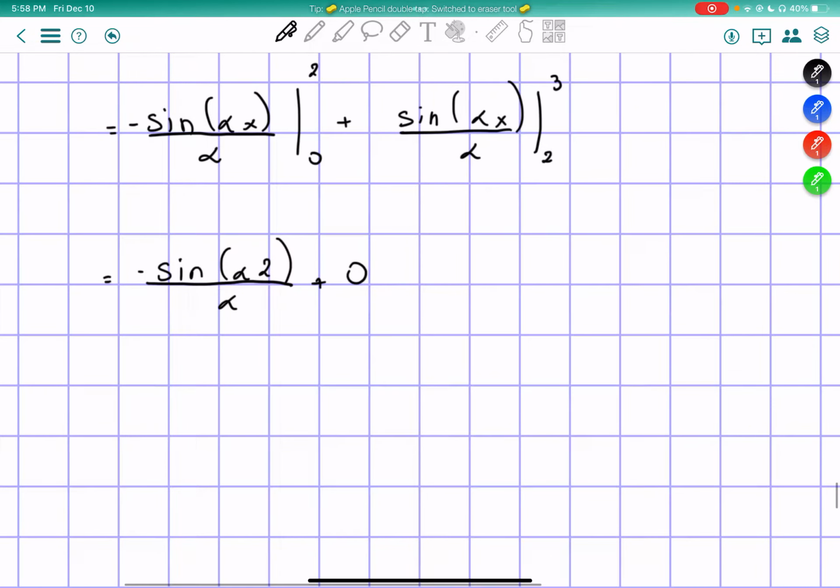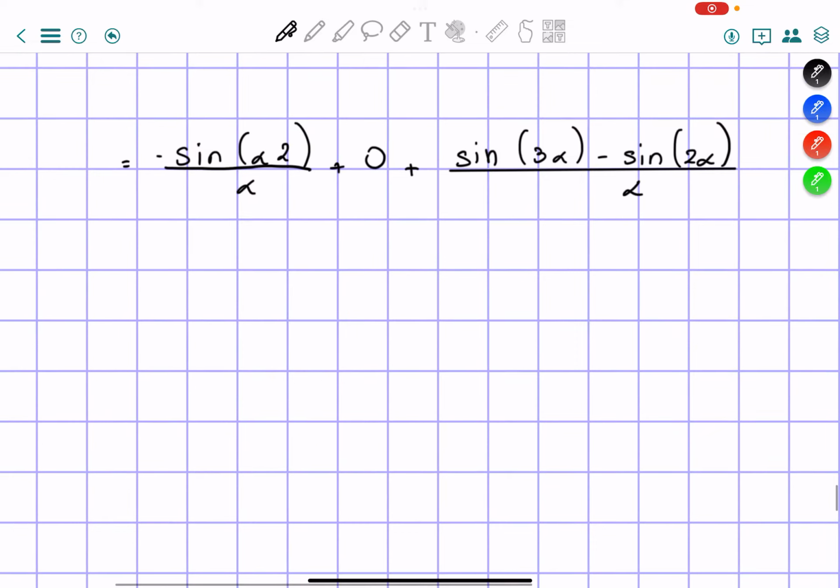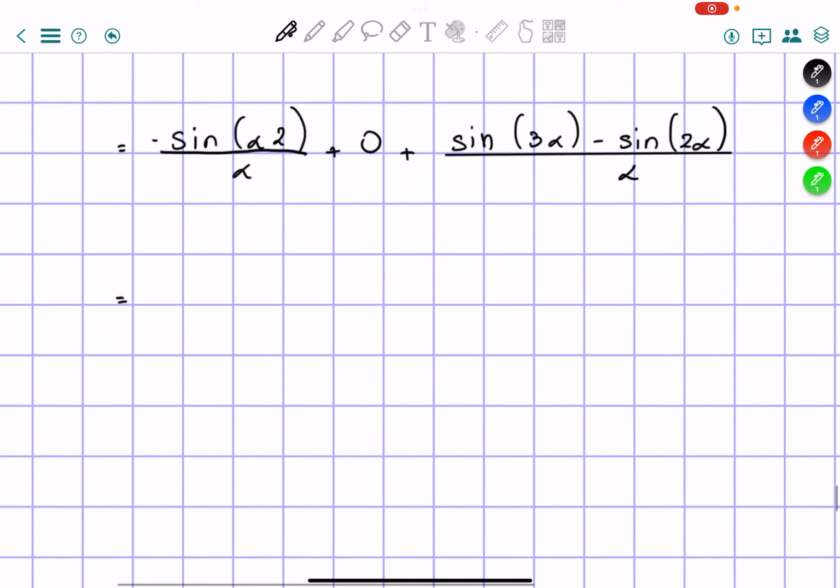I'm just going to write plus, actually, plus sine of 3 alpha minus sine of 2 alpha all over alpha. Okay, so I'm going to put this together. We're going to get sine of 3 alpha minus 2 sine of 2 alpha over alpha.